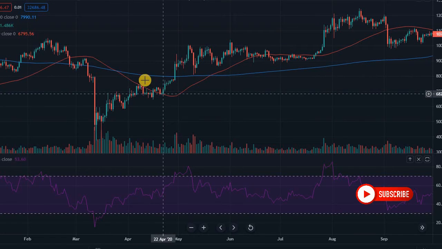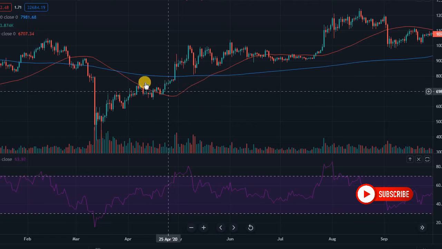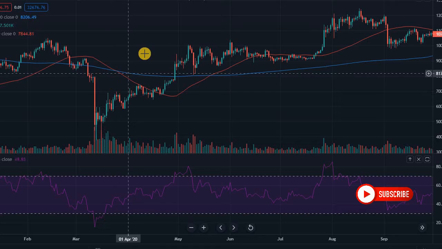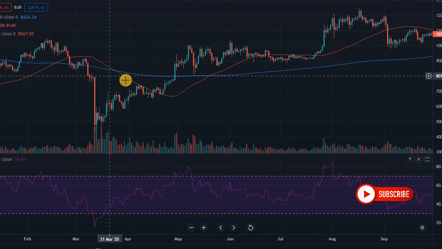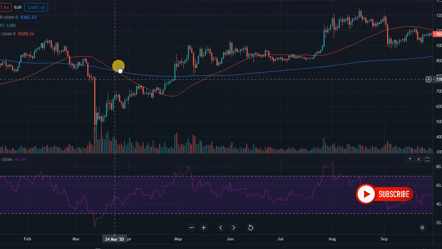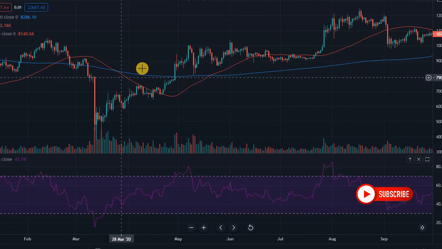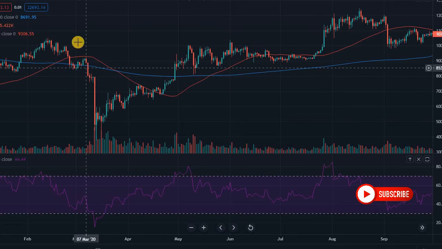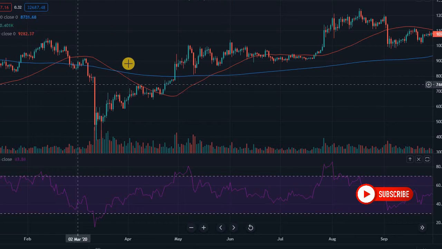Now let me also tell you that the death cross is actually a lagging indicator, right? So this indicator comes after a move is played, but that is not always the case. In this case, I'll say, it was an exception; such cases are exceptions when such big dumps come.